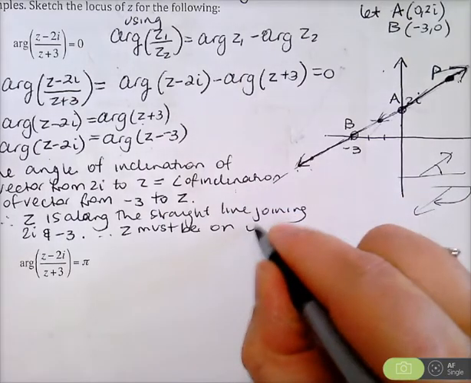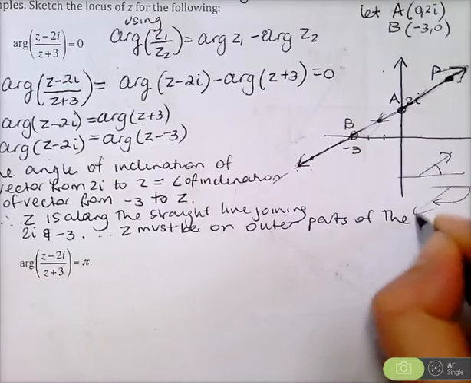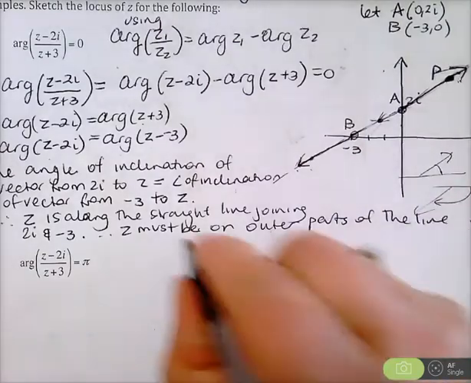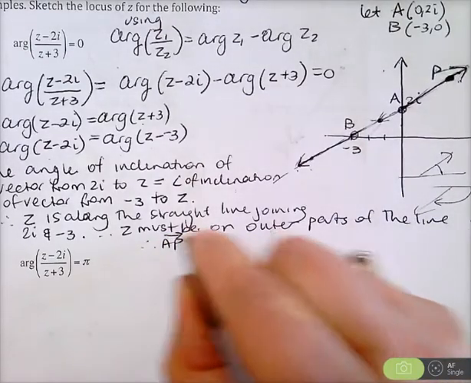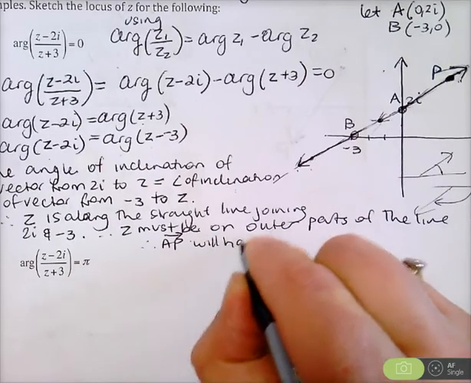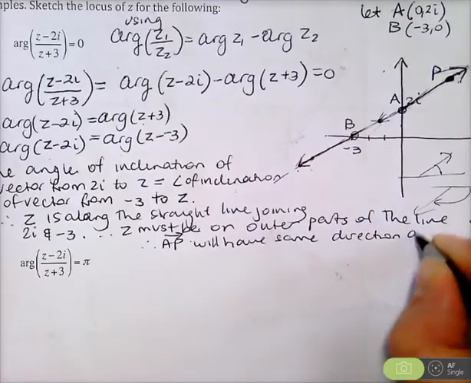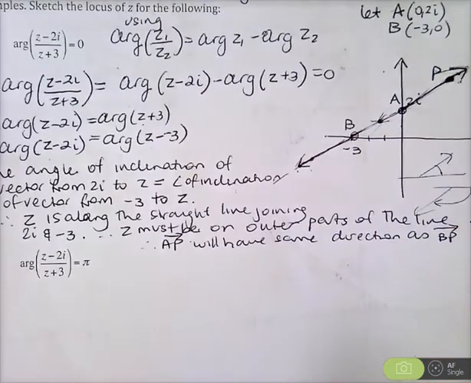So Z must be on the outer parts of the line. Now, therefore, the vector AP will have the same direction as the vector BP if Z or P is on the outer part.